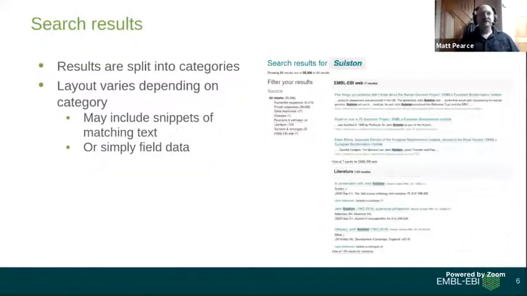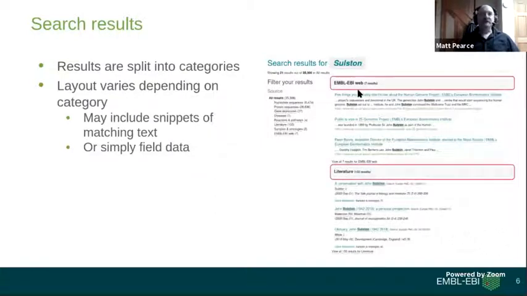Looking at the search results page, the results are split into categories, and the layout that you see when you execute a search depends on the category that you're actually looking at. You can see here, we've got two categories on display in this screenshot, EMBL-EBI Web at the top and Literature further down.